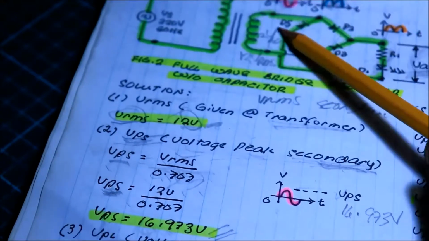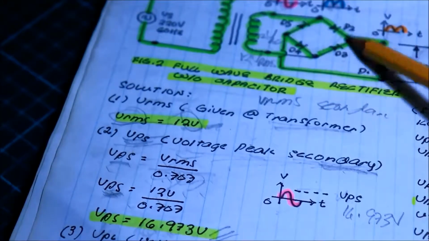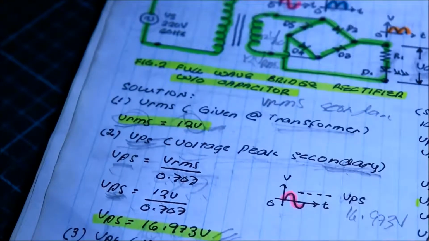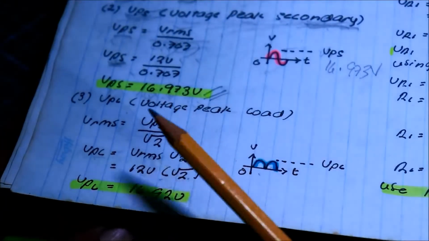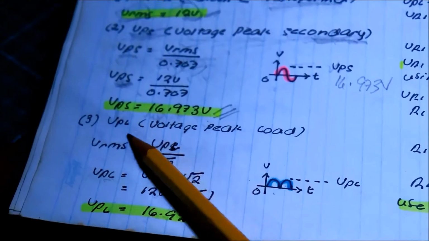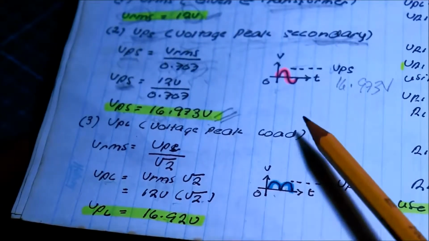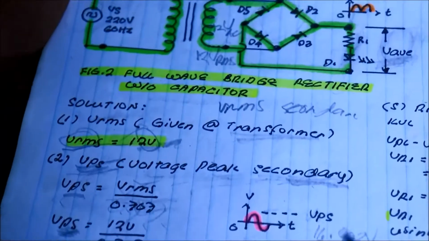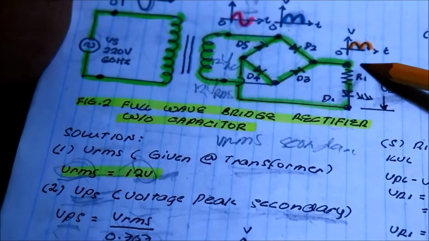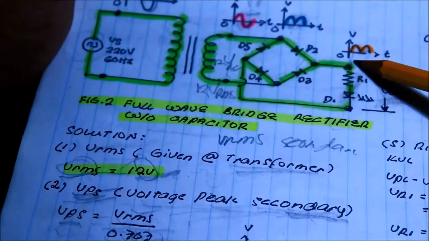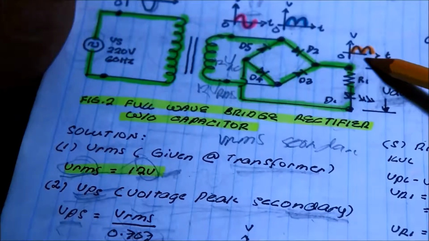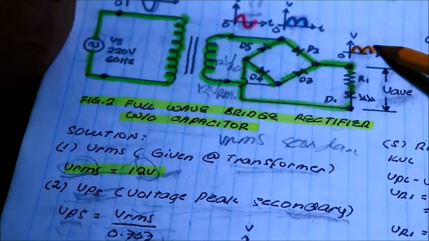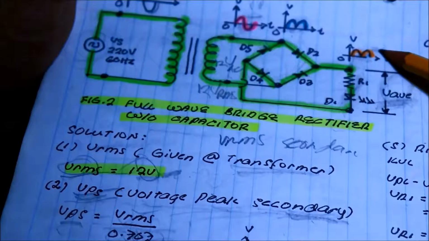And then here, what else is the problem? Now we're going to solve this voltage peak at the load. What is the voltage peak of the load? If this is the waveform, what is the voltage peak of the waveform of the load?